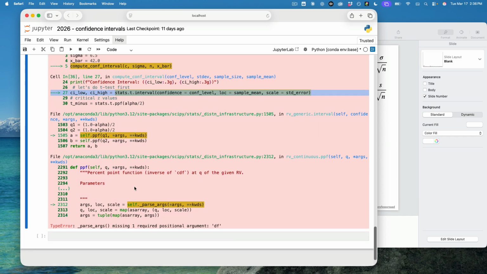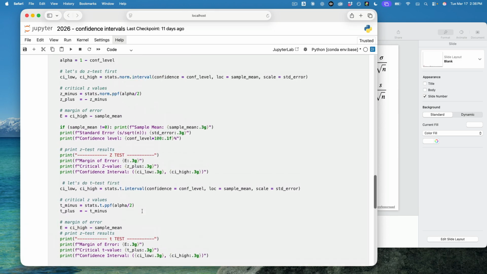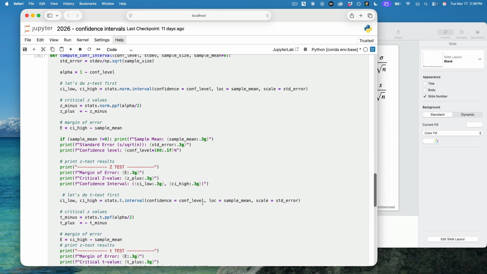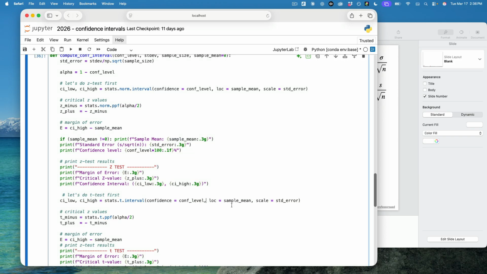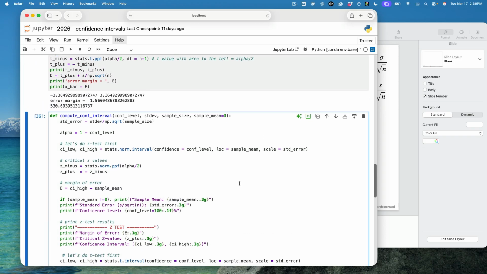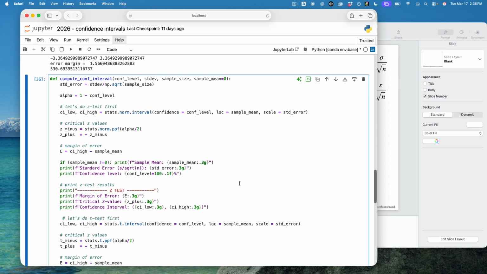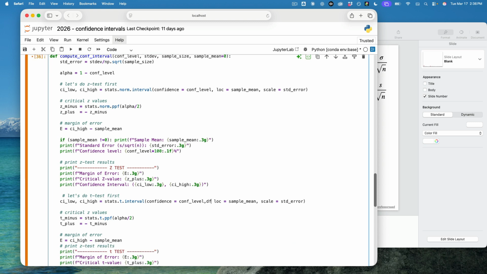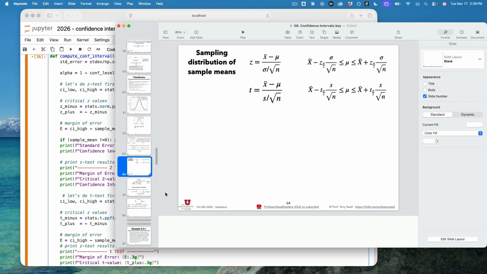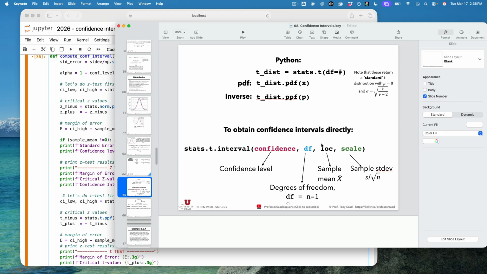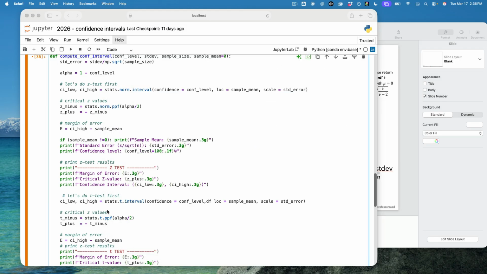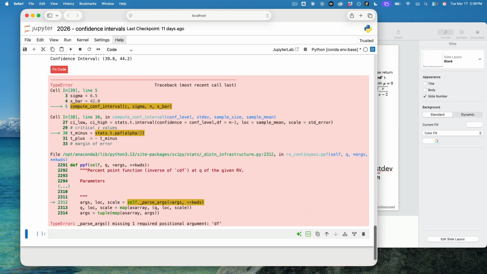Compute. Oh, yes, we're missing degrees of freedom. My bad. So we need degrees of freedom with the t-test. If you come back here, look at this, we need df over here. We forgot to put df. Okay, and then df is equal n minus 1.